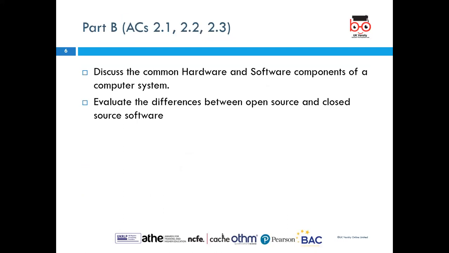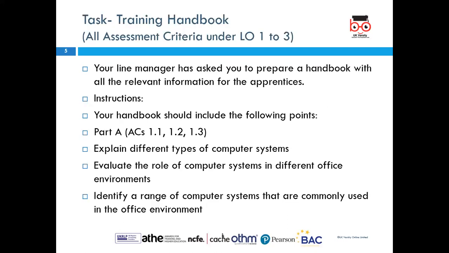Wait, is part A the handbook, or the first part of the task? This is the first part of the task. So in the Word document, you just need to cover these tasks.